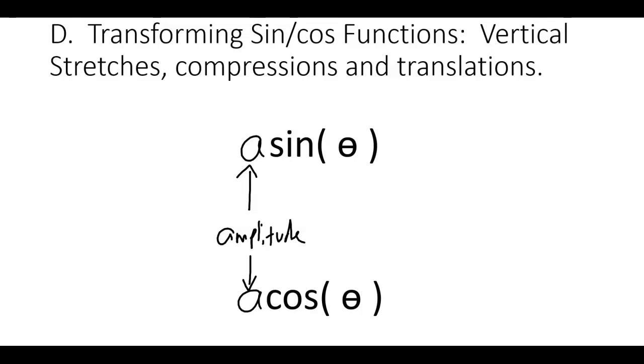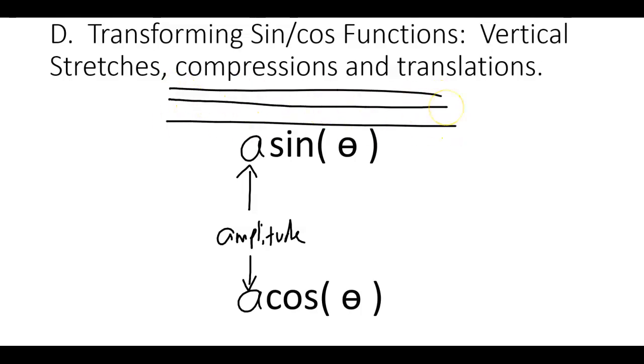Now another thing that we saw was that sine and cosine both usually are centered at the midline, which is 0. But if you were to add a number to your function, then your graph is going to get shifted upwards and it's going to change the midline.